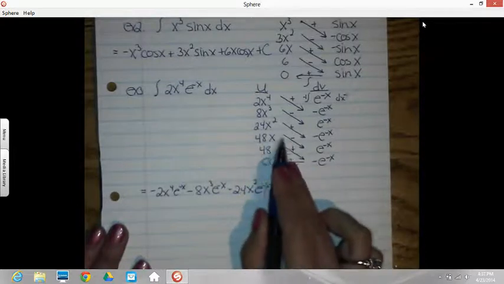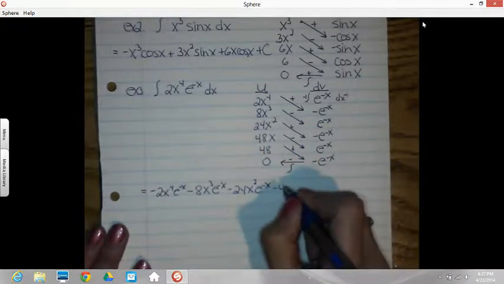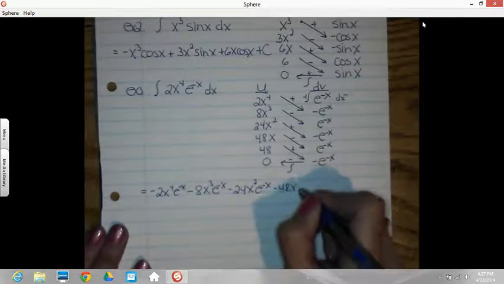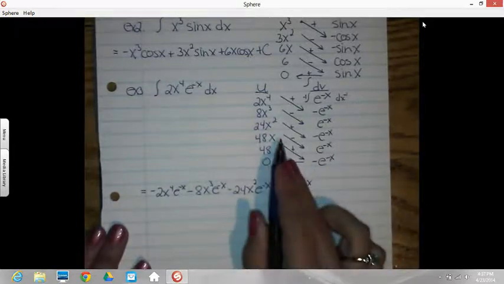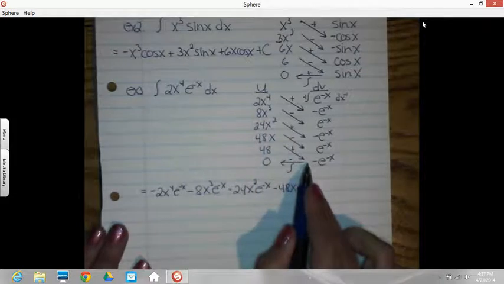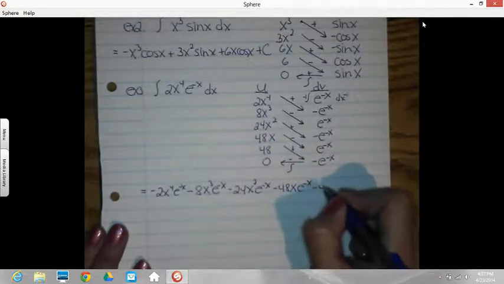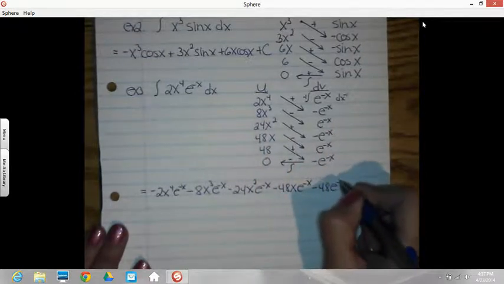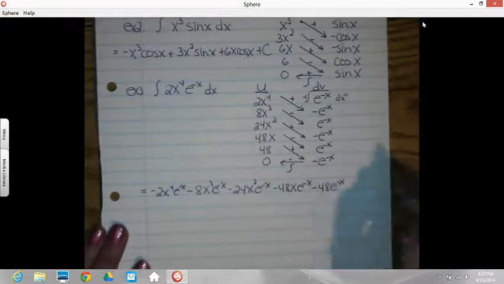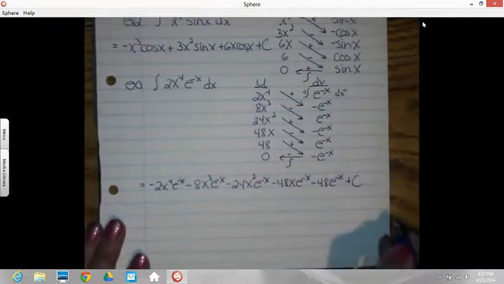Then negative 48x, e to the negative x. And the last one here, minus 48 e to the negative x. Integral of 0 is 0, plus c.